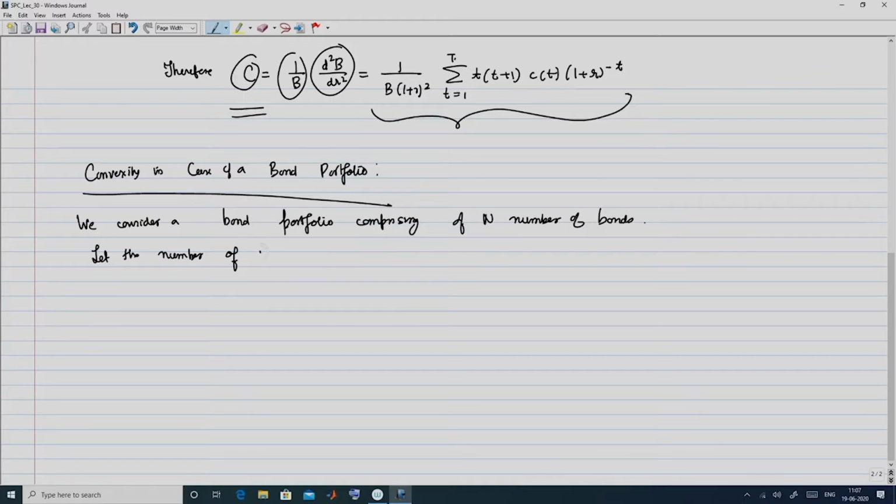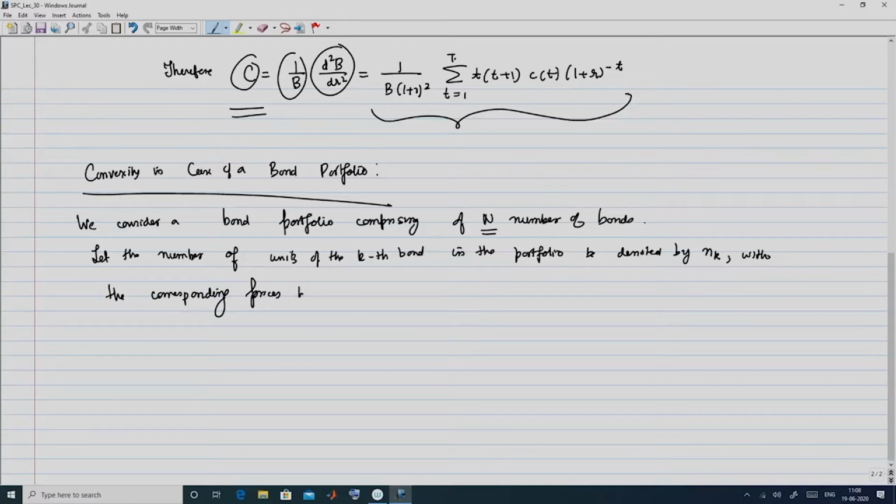Accordingly, let the number of units of the kth bond in the portfolio of these N bonds be denoted by N_k, with the corresponding prices being denoted by B_k(r), for k equal to 1 all the way to capital N.